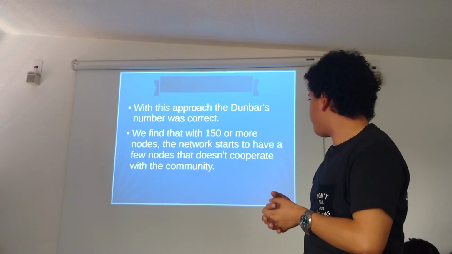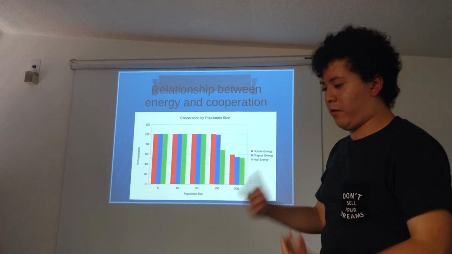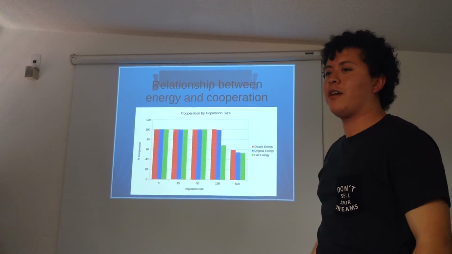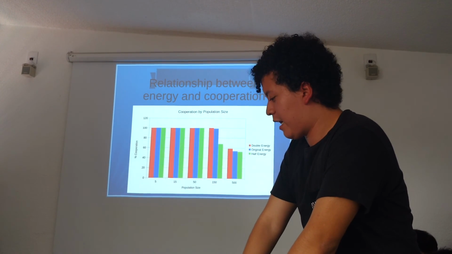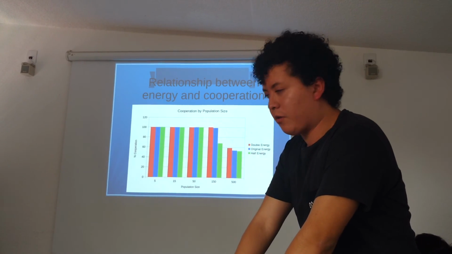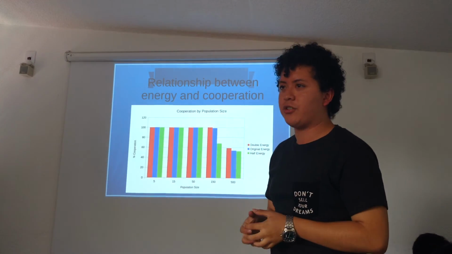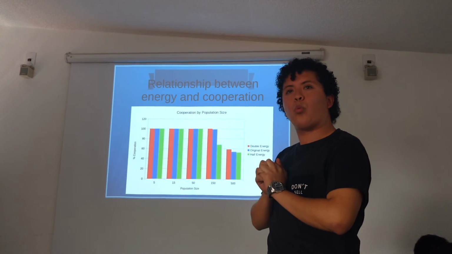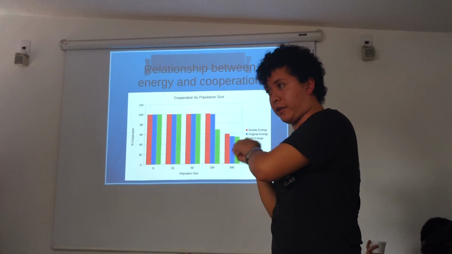And when Professor Tom and I finished the experiment, we saw that in these networks, the social energy of the nodes has a relationship with the capacity of convergence or cooperation.